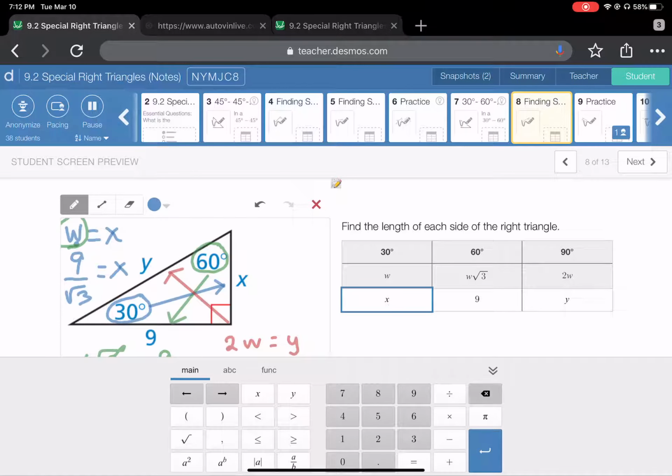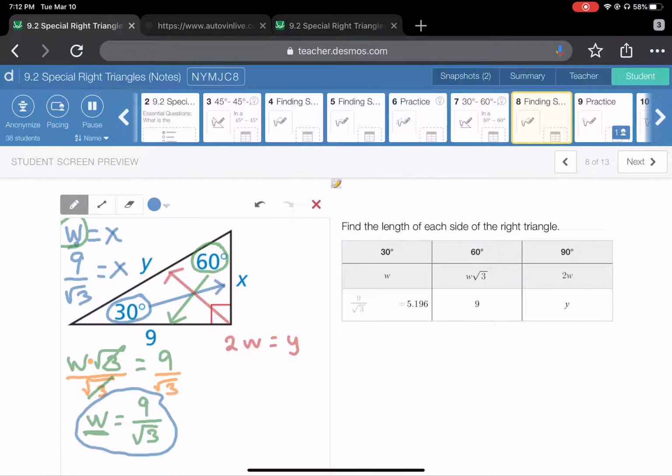Okay, so now I can change this X to become 9 over the square root of 3, okay, which is 5.196. Okay, so then X is equal to that, so then X, this side right here, is 5.196 units long.